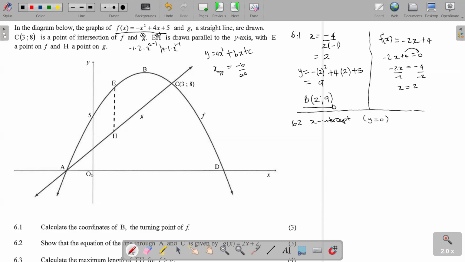It's either we get the x-intercept, which is this point, or the y-intercept. So we are just going to do both. Let's first do the x-intercept. Get intercept y equal to 0. So we are going to substitute 0 equal to minus x squared plus 4x plus 5.